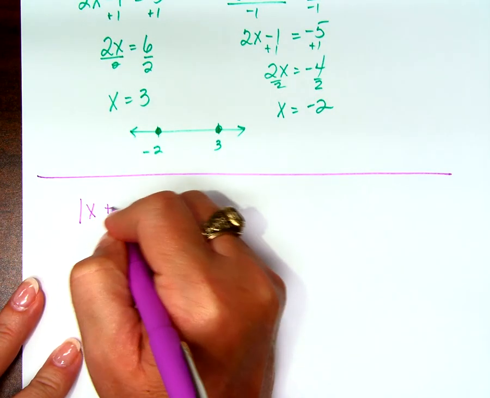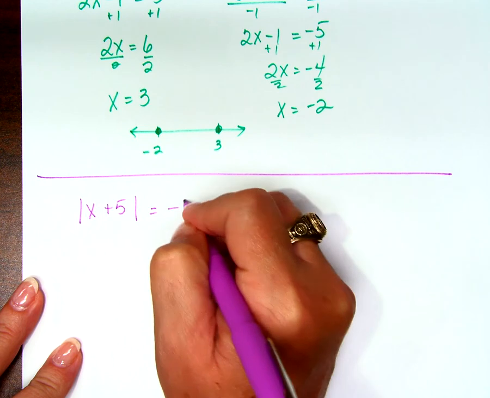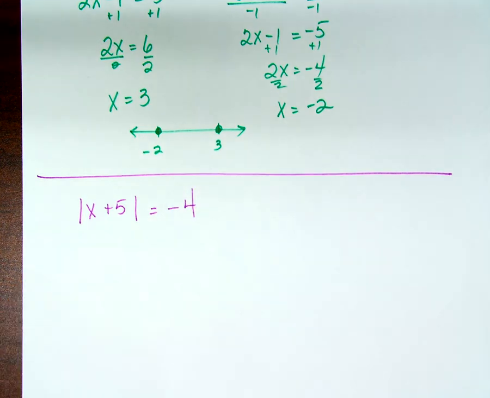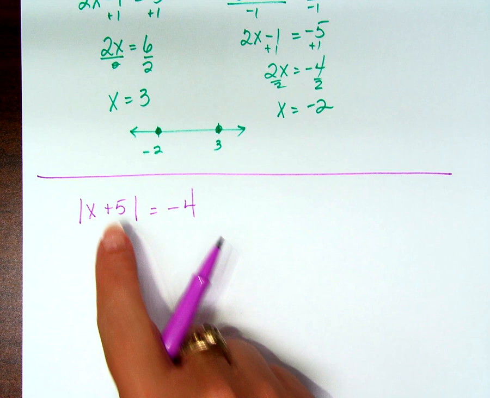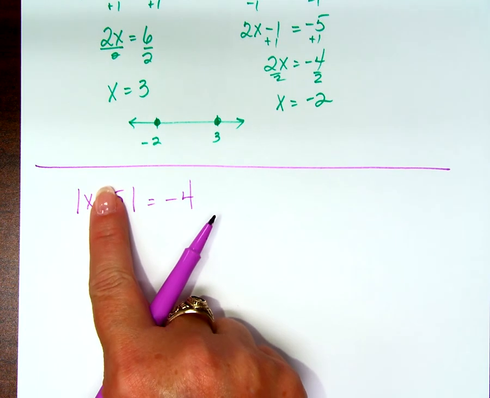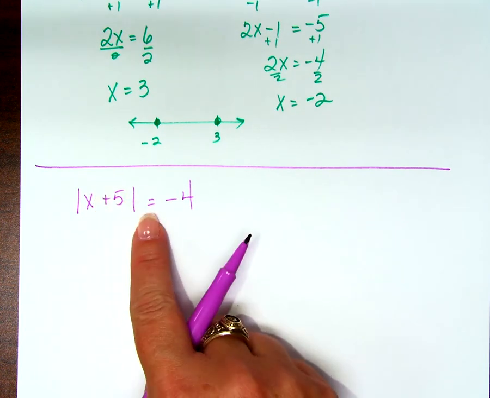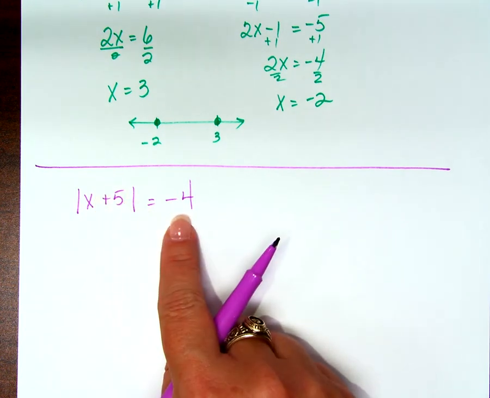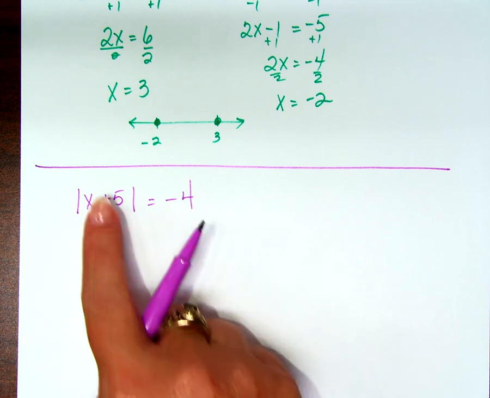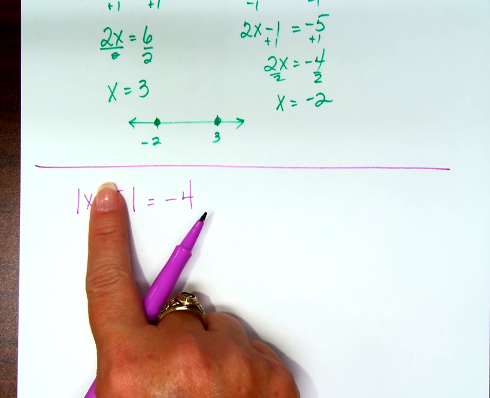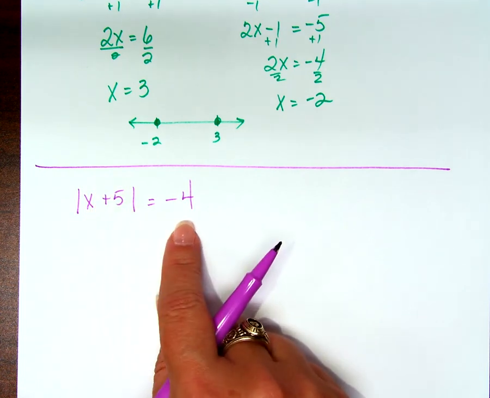Absolute value of x plus 5 equals negative 4. When will the absolute value of any number ever equal a negative?